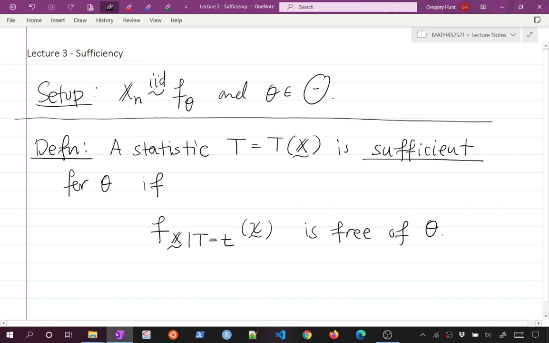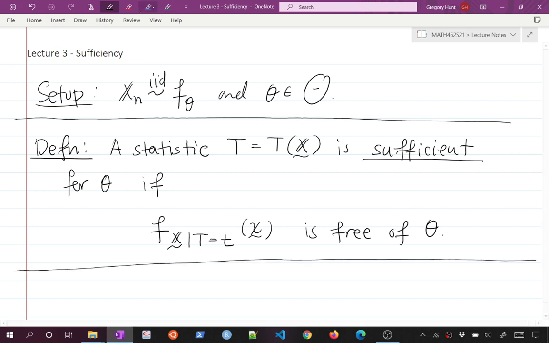Okay, so let's box this in and let's talk about what this definition is. We have a statistic T, and we have a parameter theta. We want our statistic T to capture all of the information about theta.